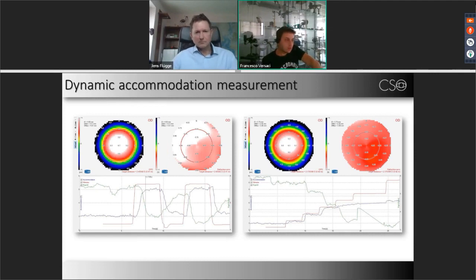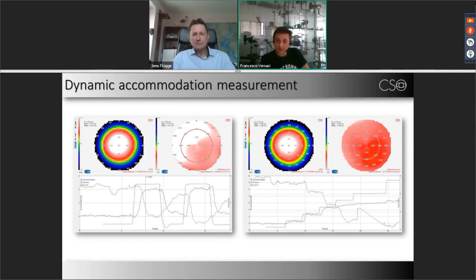The first exam uses a kind of rectangular signal, and so I see an object optically at infinity, and then suddenly it comes closer, and I'm asked to accommodate to see it sharp and in focus. And then I have to release the accommodation again because it goes again to infinity. And this one is the one on the left.